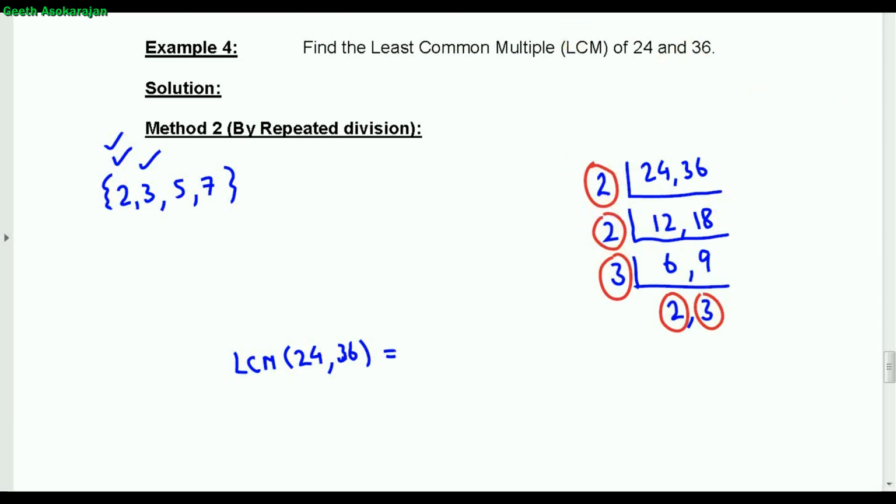So 2 times 2 is 4. 4 times 3 is 12, 12 times 2 is 24, 24 times 3 is 72. So 72 is the LCM of 24 and 36.